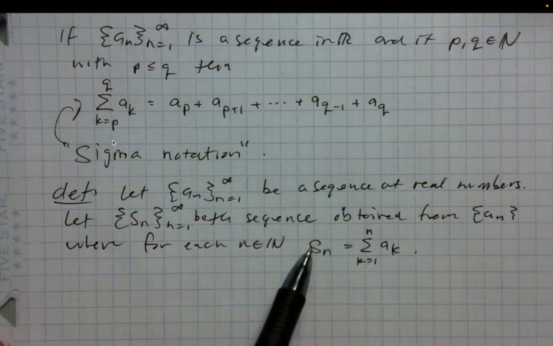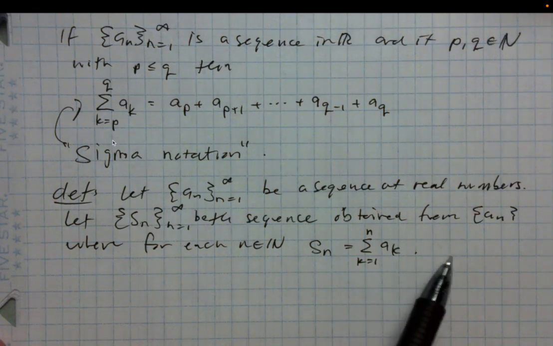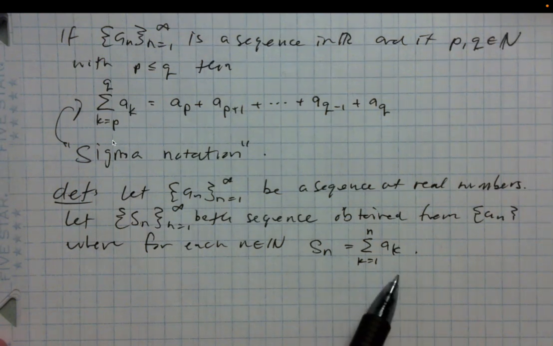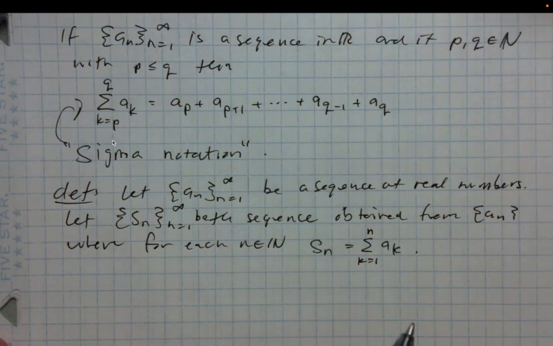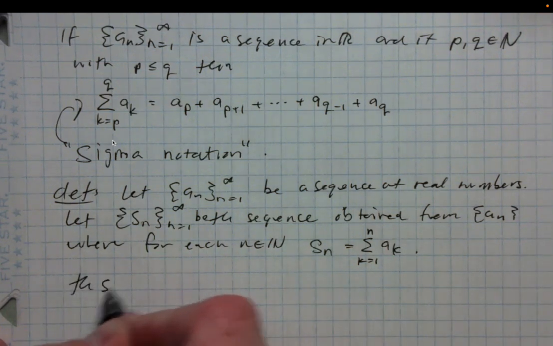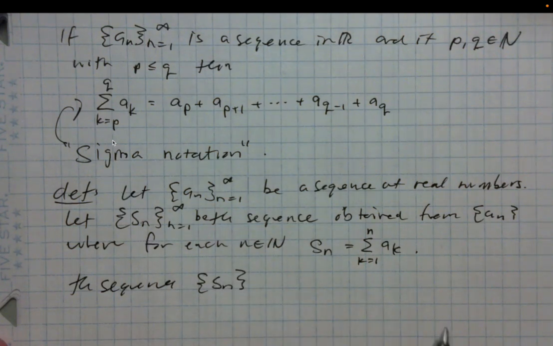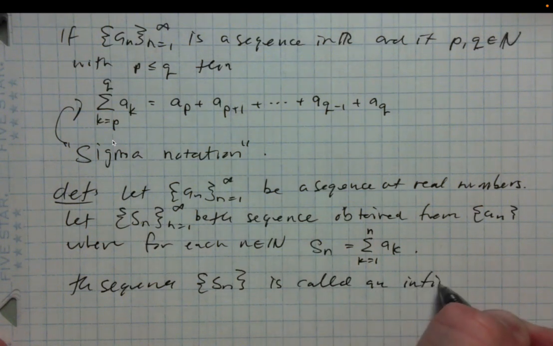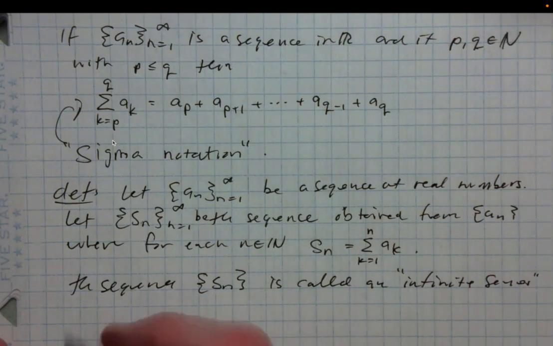In particular, s sub n is a1 plus a2 plus dot dot dot plus an. s sub n plus 1 would be a1 plus a2 plus dot dot dot plus a sub n plus a sub n plus 1. And so the sequence s sub n is called an infinite series, or we typically just refer to it as a series.